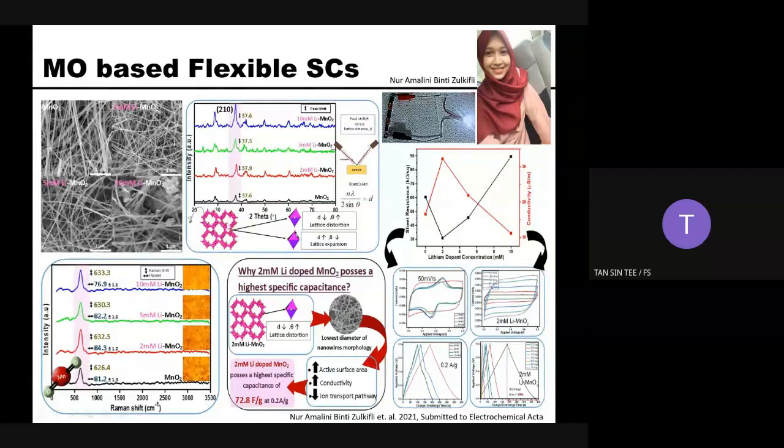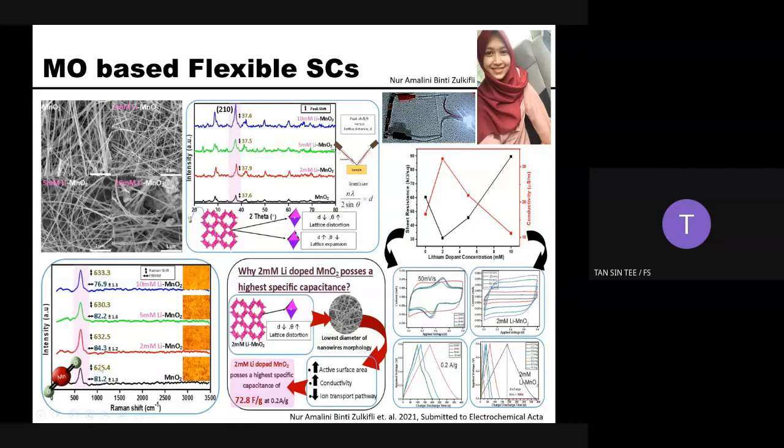This lattice distortion provides a larger tunnel for the electrolyte to intercalate, which gives a better specific capacitance. Other than that, we are also doing Raman analysis to study the crystalline structure and molecular structure of our MnO2 system.